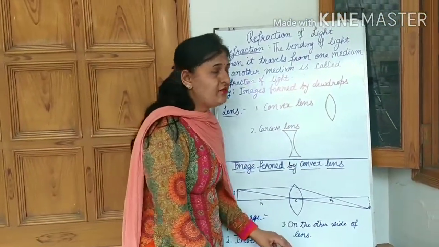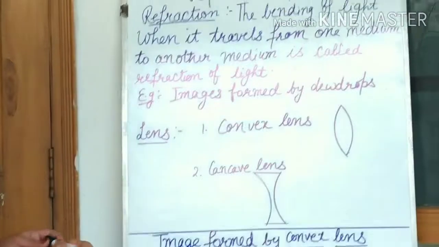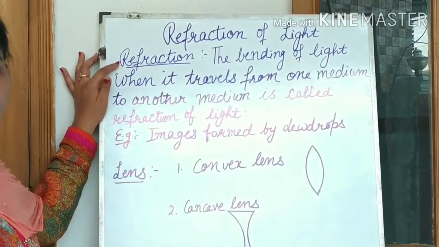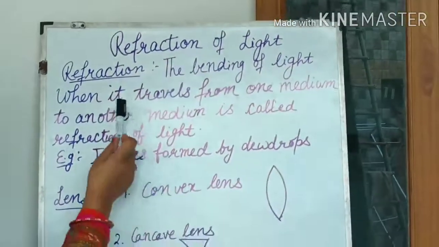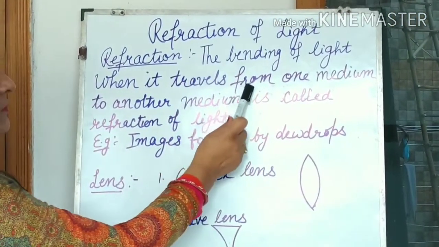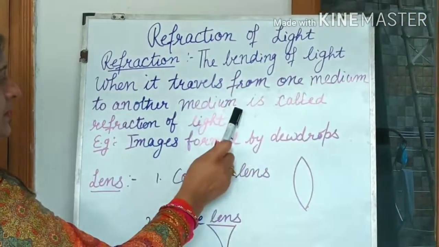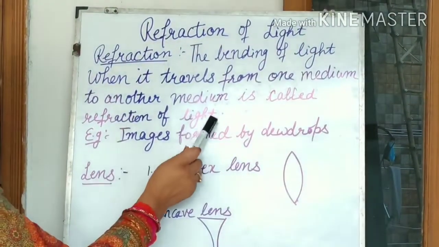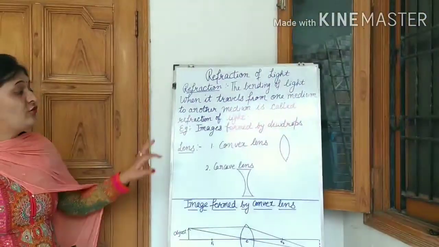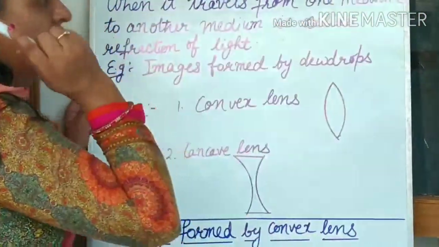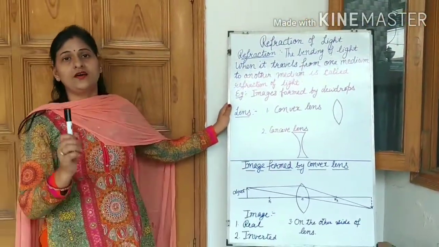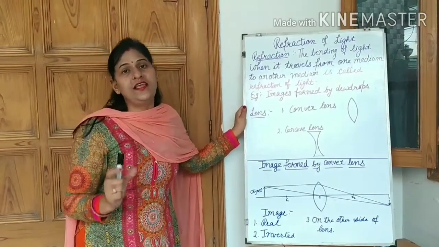Now, what is refraction? Students, the definition of refraction is the bending of light when it travels from one medium to another medium. It is called refraction of light. For example, images formed by dewdrops. Just observe the dewdrops on the leaves.